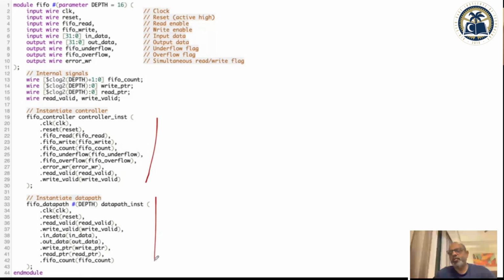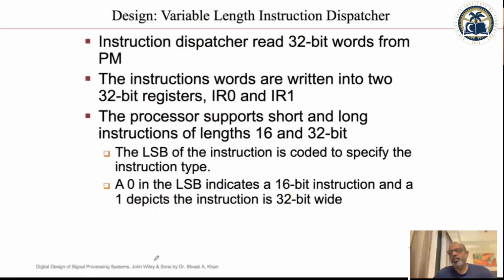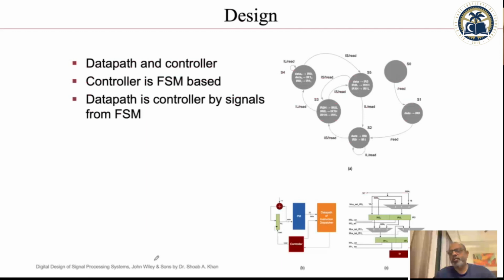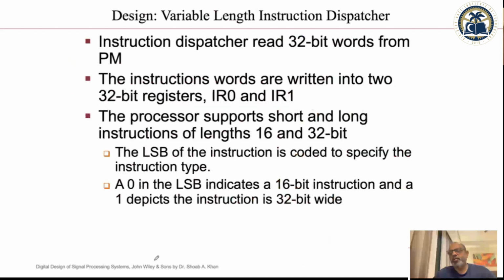So I have several other state machines. I'll not get into how I have designed them. This is actually part of our processor, where it has a variable length instruction dispatcher. Sometimes an instruction comes which is a 16-bit instruction, sometimes a 32-bit instruction.